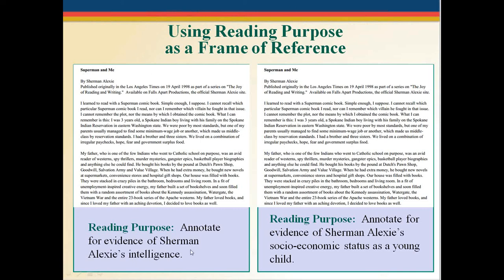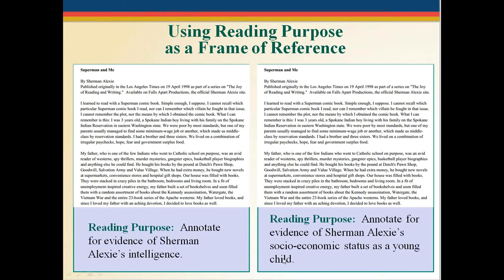So for students who are struggling readers with this particular set of paragraphs, I would have them annotate for the evidence of Sherman Alexie's intelligence. That frame of reference, or reading purpose, is given to them because the answer to that is very evident, very clear, and very surface. However, in the same 2 paragraphs here, there is an implied description of Sherman Alexie's socioeconomic status.